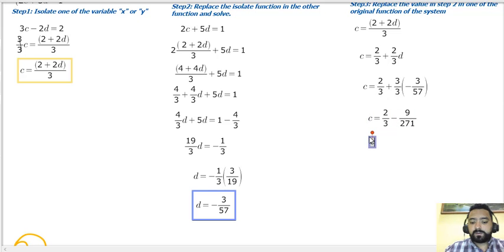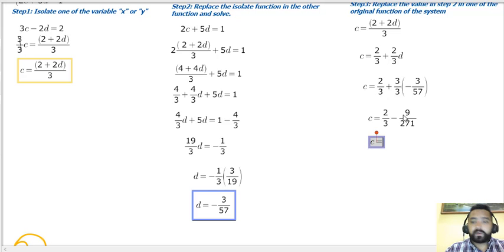Then you are going to solve c equals this times this and this times this. Remember, if you don't know how to add fractions, you can solve using a calculator or using the happy face method. And if you don't remember how to use the happy face method, you can do it with a calculator.